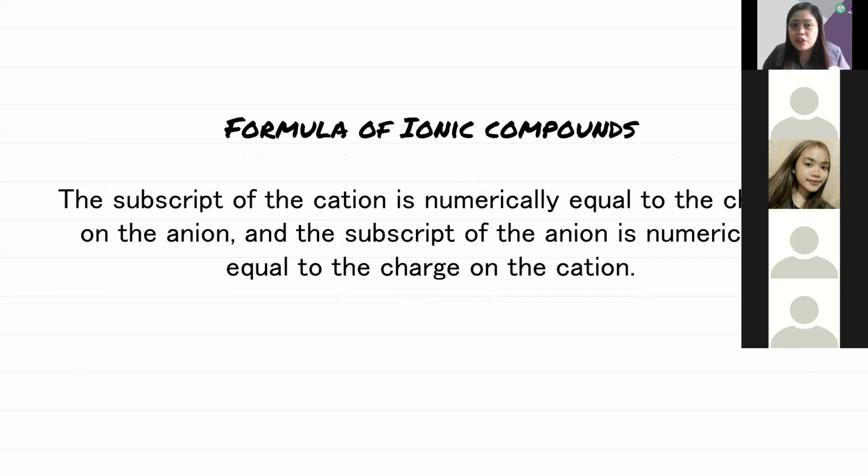So for the formula of our ionic compounds, naituro ito sa laboratory, 'di ba? Pag gumagawa tayo ng formula, first kailangan natin i-write ang symbols, tapos i-identify natin, 'di ba, ang charges. Tapos 'di ba pag i-add natin, if the sum is equal to 0, then we just combine the two symbols.